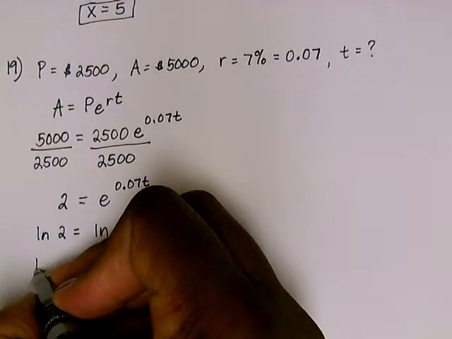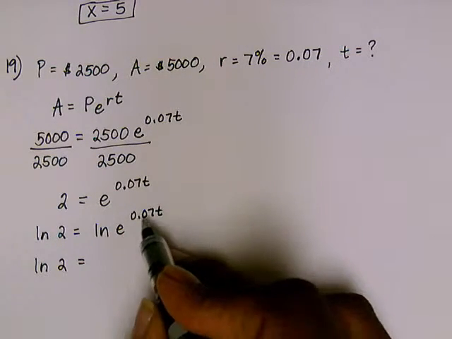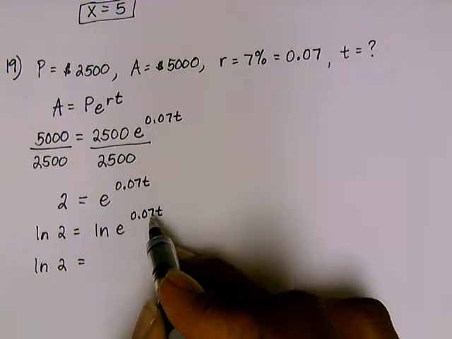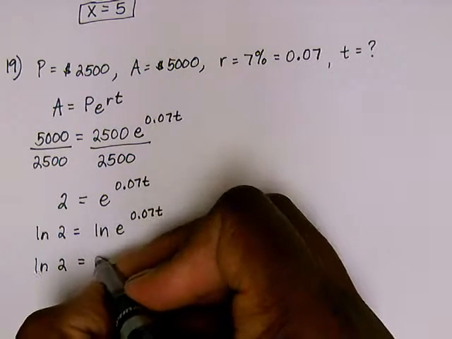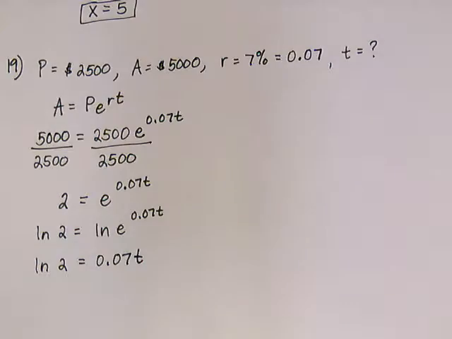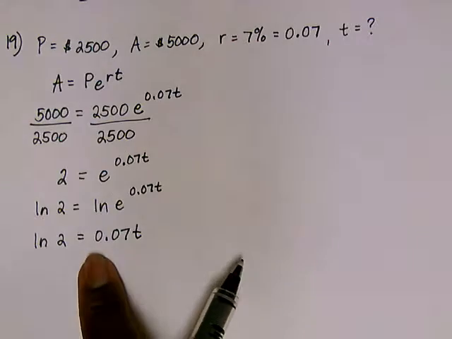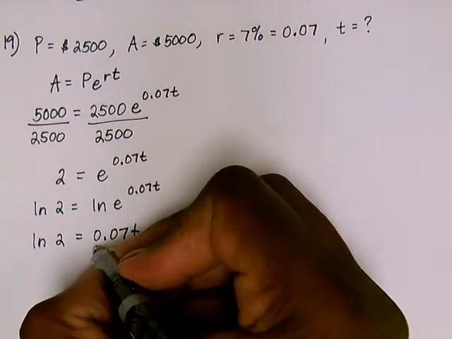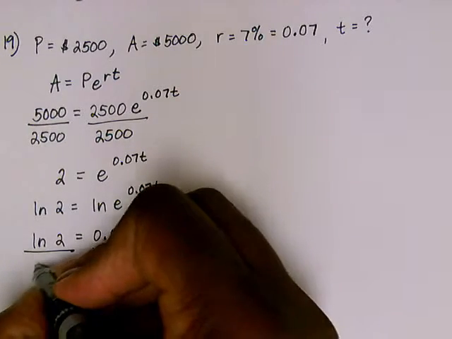Now on the left side I have ln of 2 equal to, now ln of e to whatever that exponent is, that exponent. So ln of e to the 0.07t will be 0.07t. And then we can go ahead and solve for t. It's being multiplied by 0.07, so we need to divide both sides by 0.07.